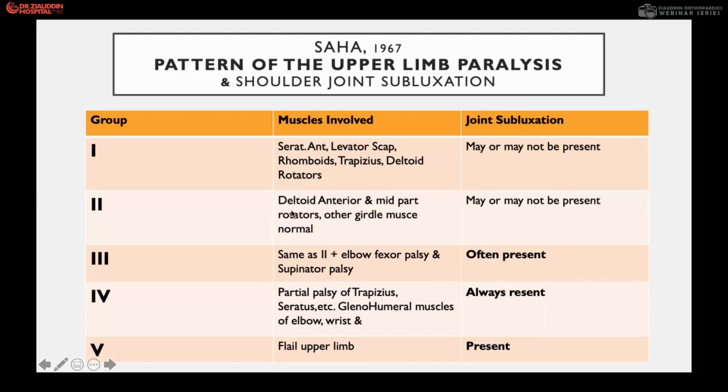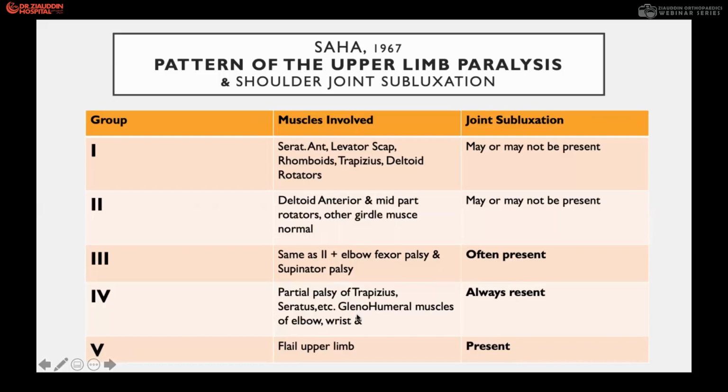But when there is a type 2 paralysis with elbow flexor paralysis and supinator palsy, often there may be subluxation of the shoulder joint. But in type 4, there is a partial paralysis of trapezius, serratus, glenohumeral muscles and the muscles at the wrist and elbow joint.